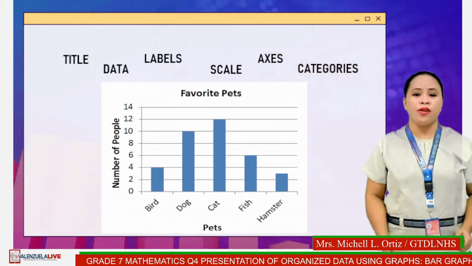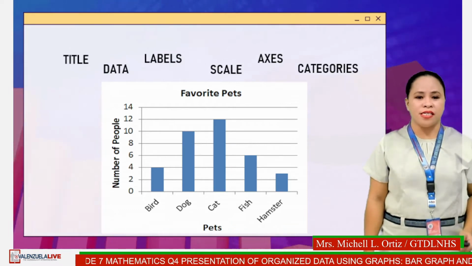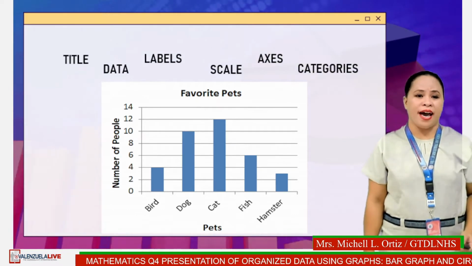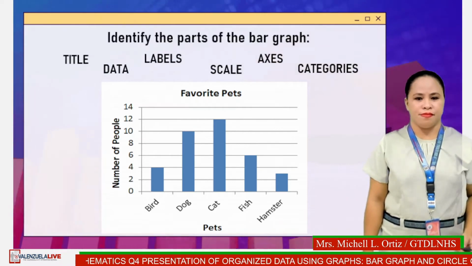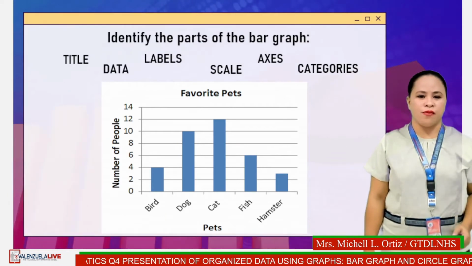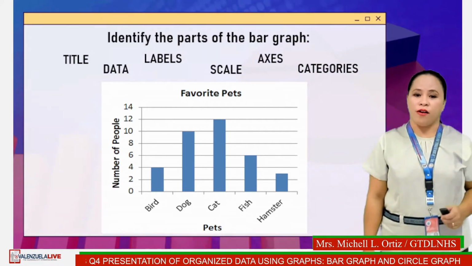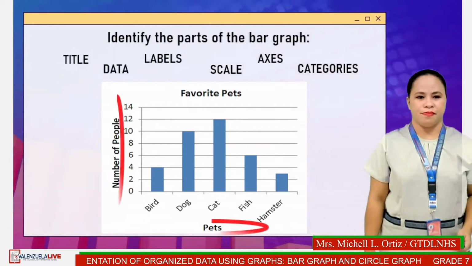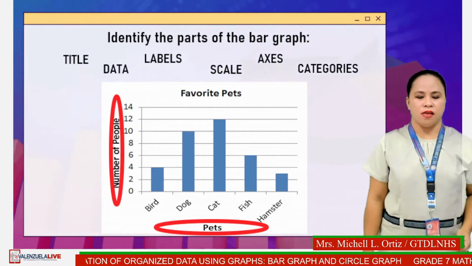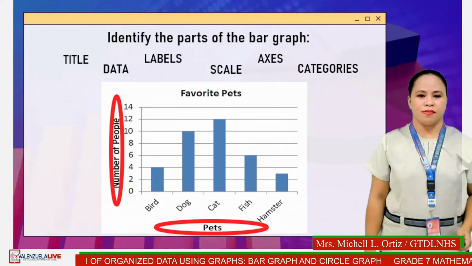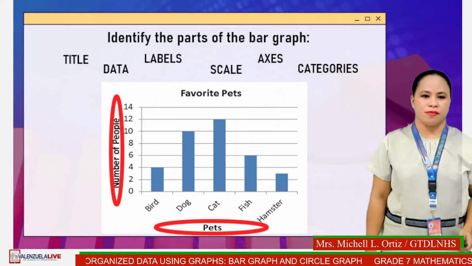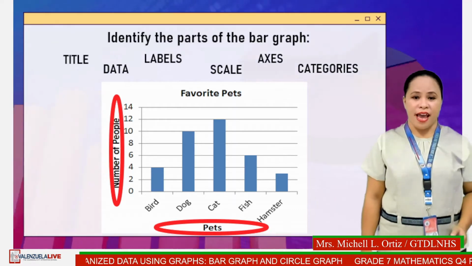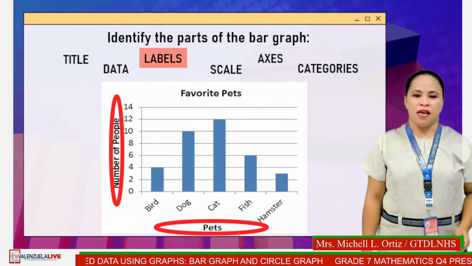Let us see if you can identify the parts of the graph which will be highlighted. Choose your answer from the given options. You have 5 seconds to key in your answer. Number 1. Correct answer is labels.